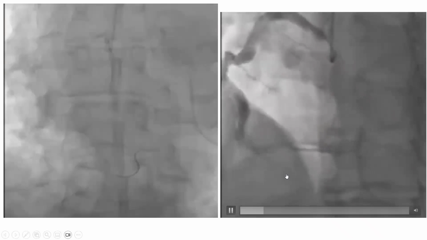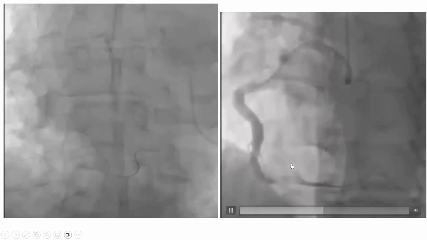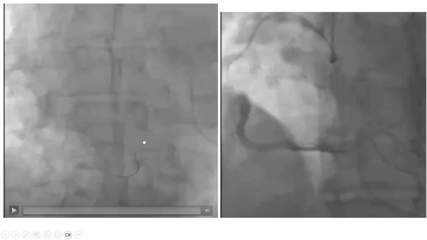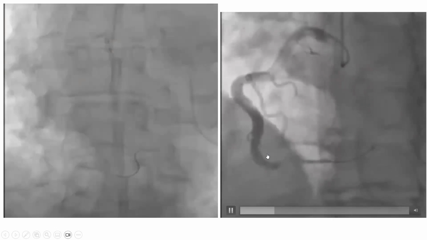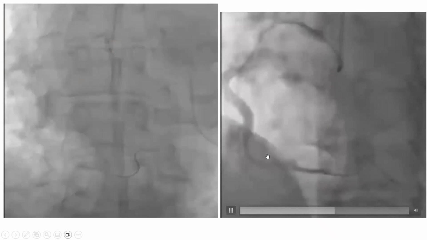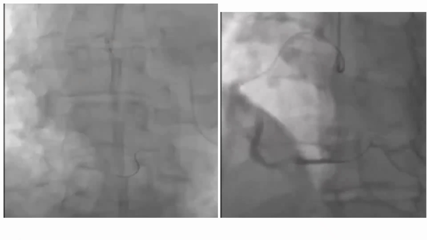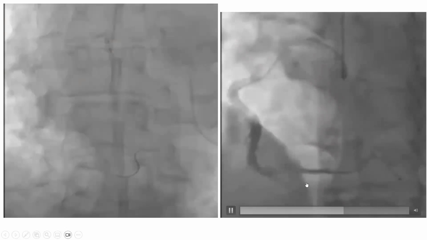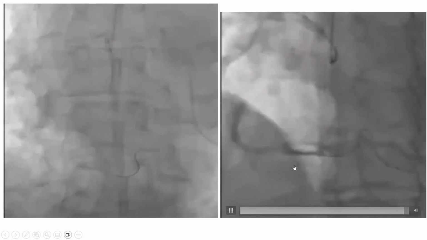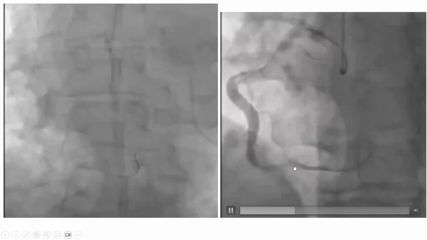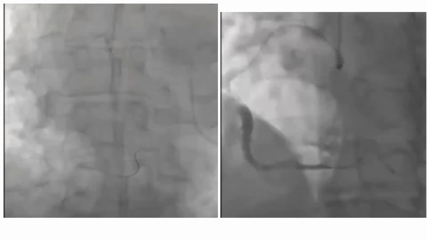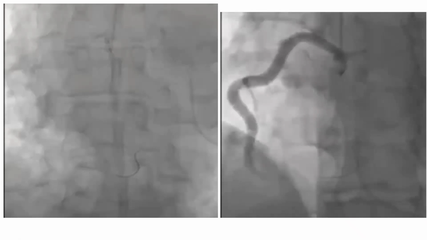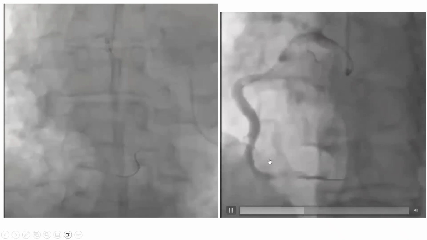I would try local intracoronary 2B3A inhibitors. I would try to advance the guideliner deep and try to aspirate via the guideliner with a TUI connected to the penumbra suction system. Then, if the thrombus persists in such a heavy fashion, I will try to use local TPA up to 5 milligrams, which I think this patient would need.